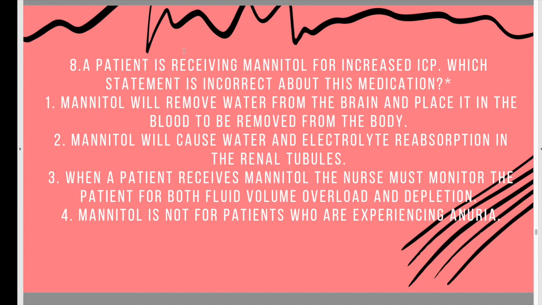And number 3, when a patient receives mannitol, the nurse must monitor the patient for both fluid volume overload and depletion. This is correct. Mannitol is not for patients who are experiencing anemia. Number 4, this is also correct because we are using the kidney, because we are removing the water or pulling the water from the brain.